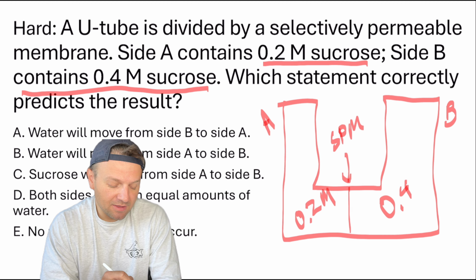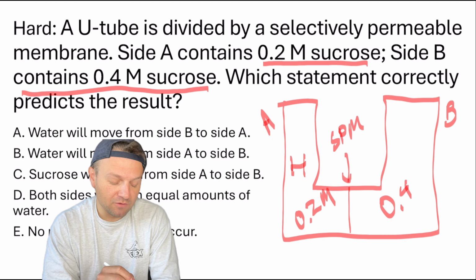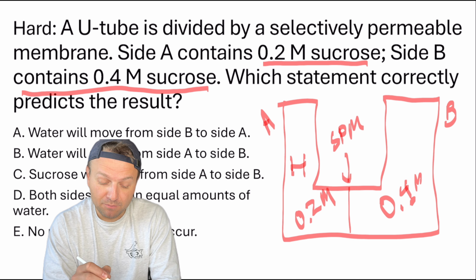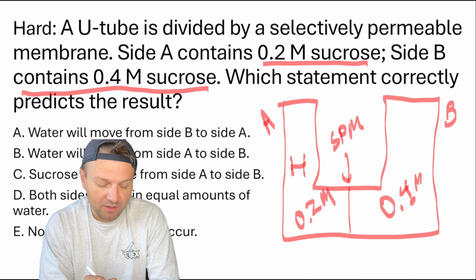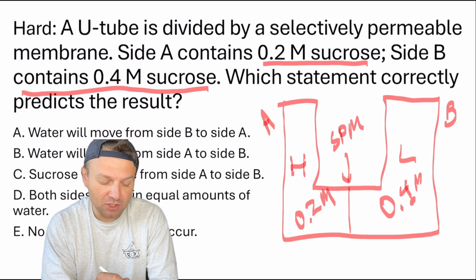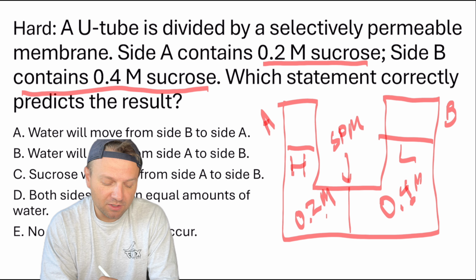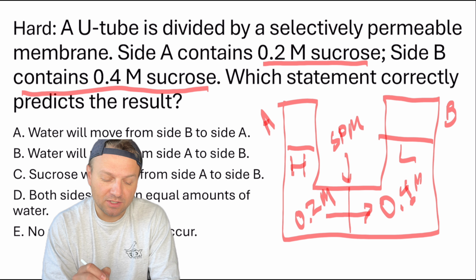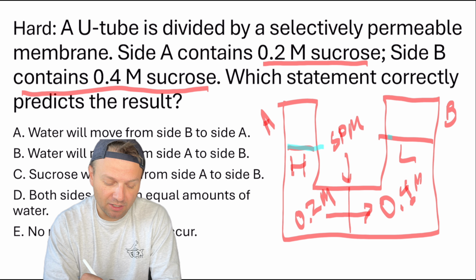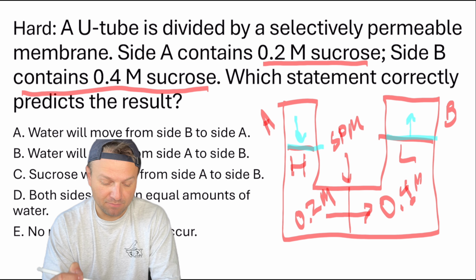So in this case, there is a higher concentration of water on side A compared to side B because there's a higher number here on B than A. So since there is a higher concentration of water here, water is going to move from side A to side B. So at the end here, our water is going to drop in A, but rise in B.